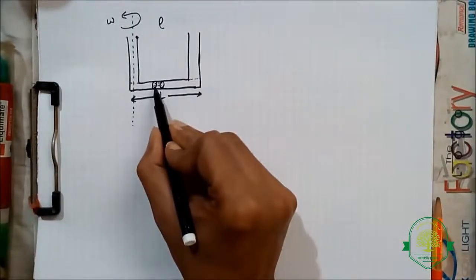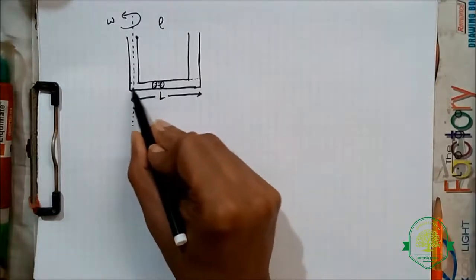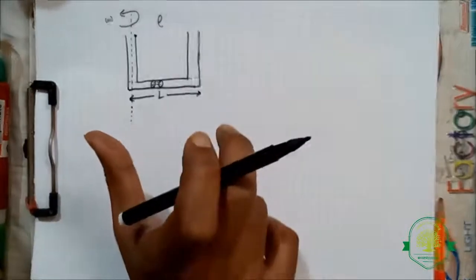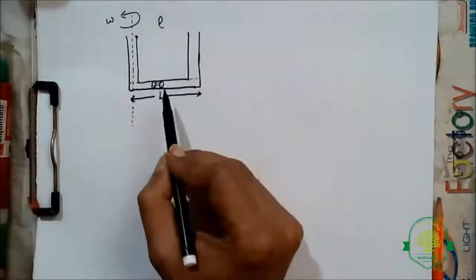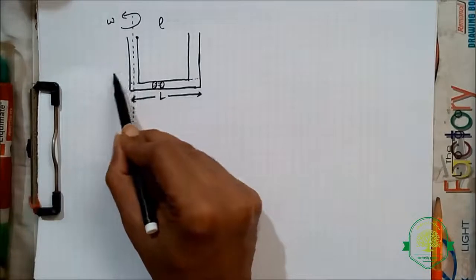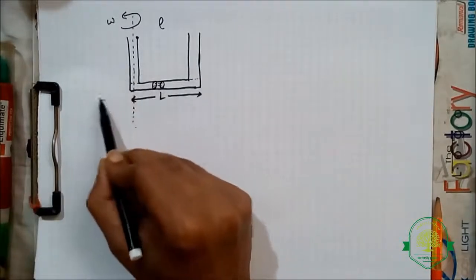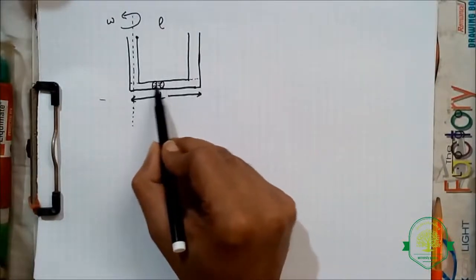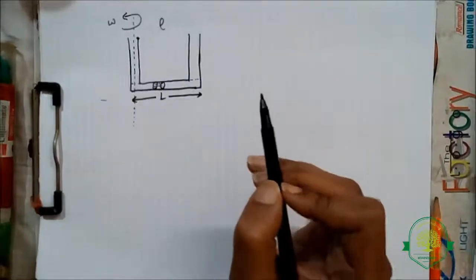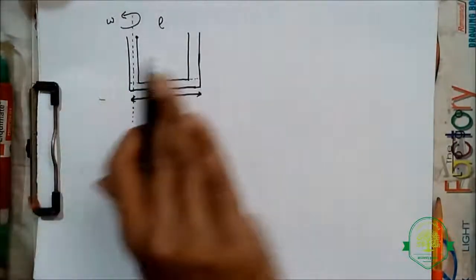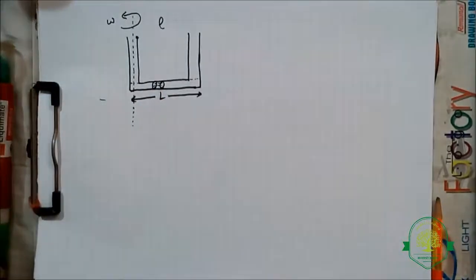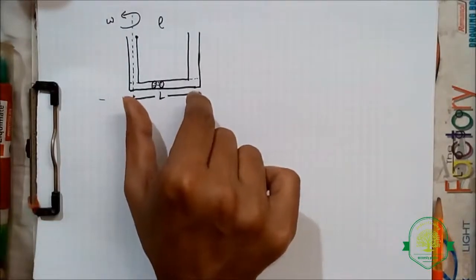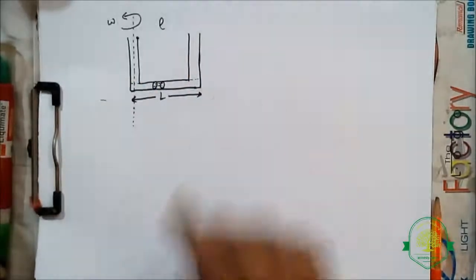Because this element is at a certain distance from the axis, and because the whole U tube is rotating about that axis, this element also rotates around a circle like so, and therefore a centrifugal force acts on that element, and it pushes that element to that side. So the liquid in this portion is being pushed to that side.